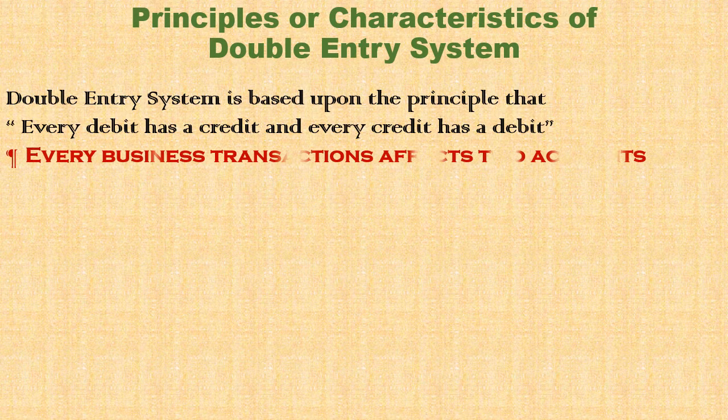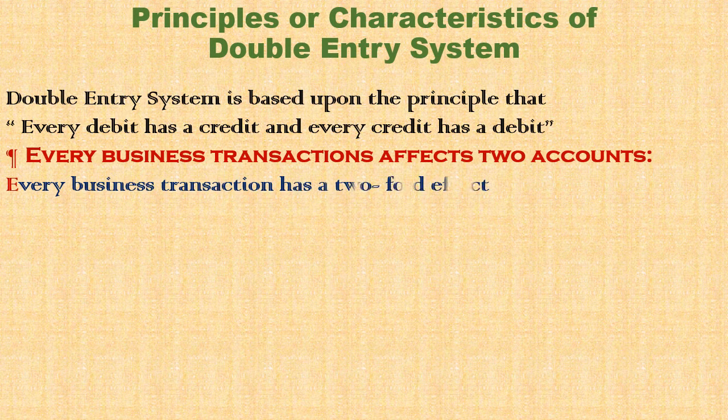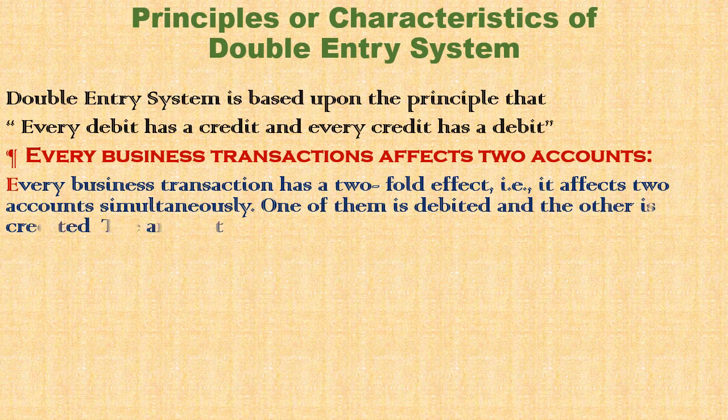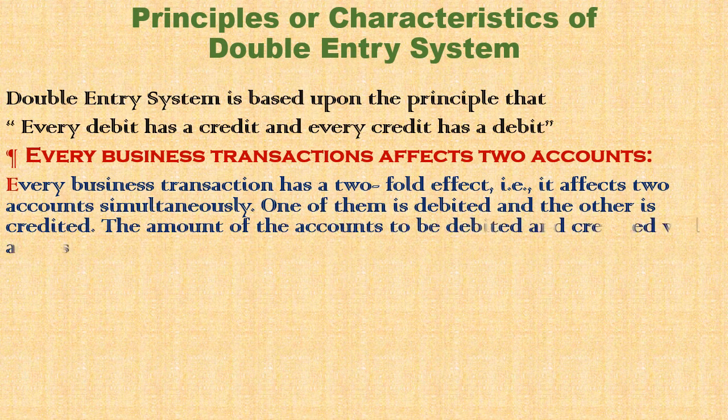The first one: every business transaction affects at least two accounts simultaneously. One of them is debited and the other is credited.